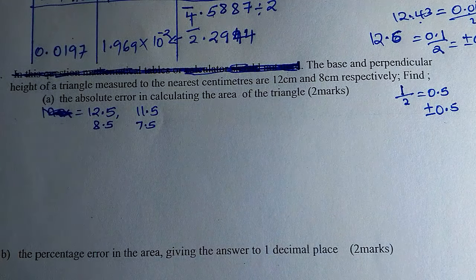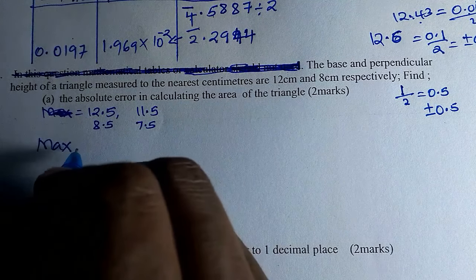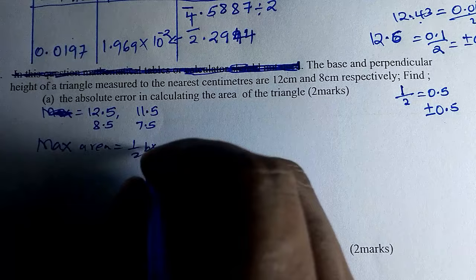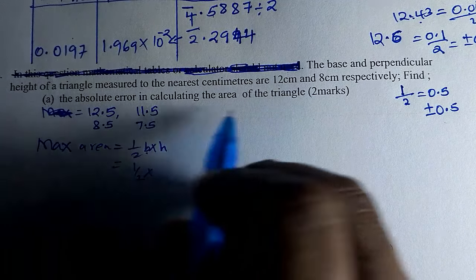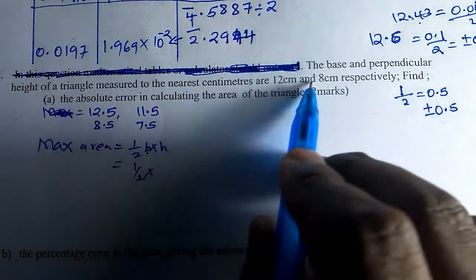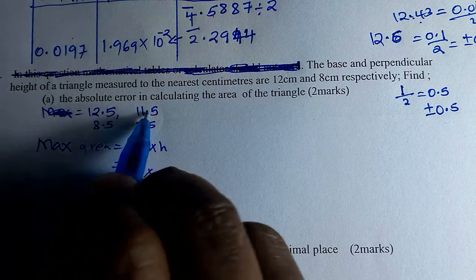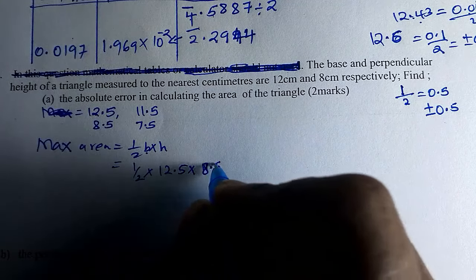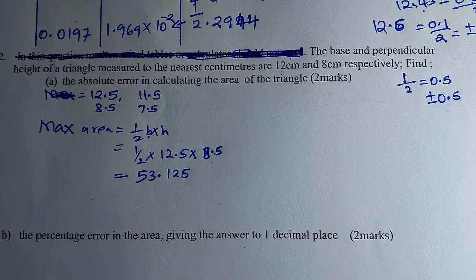So to get the maximum area, we know the area is a half base times height, because this is a right angle triangle. So we will get a half times the base. The base is 12. For us to get the maximum, we will use the upper limit, that is 12.5 times 8.5, and this one gives us 53.125.